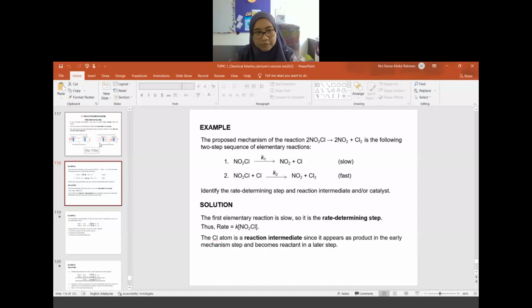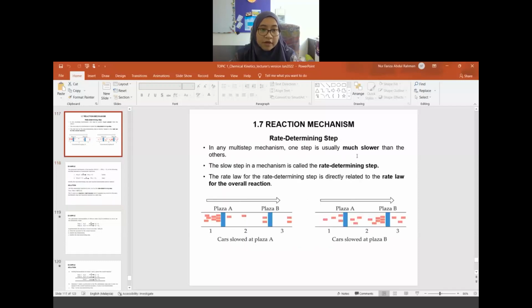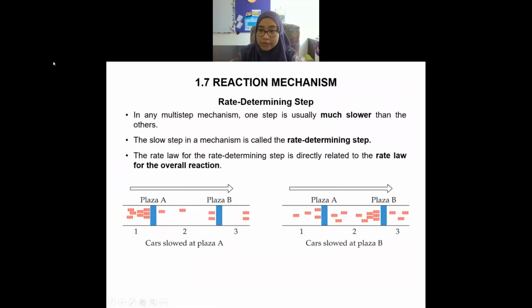So the last subtopic that we have discussed earlier on, we have the rate determining step, or in short, we can call it RDS. RDS is the step that is usually much slower than the others, and therefore it is called the rate determining step.